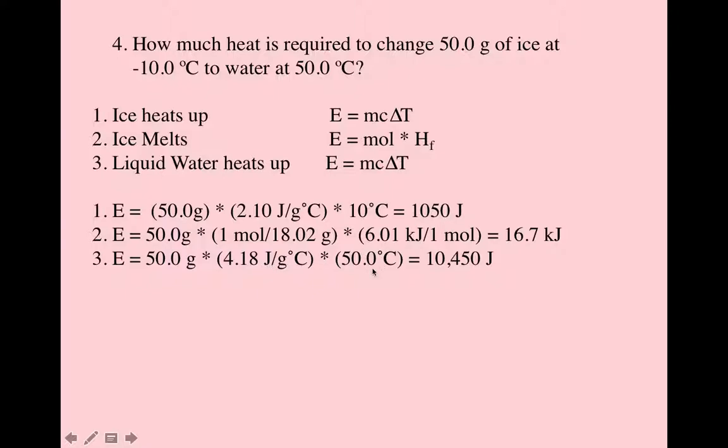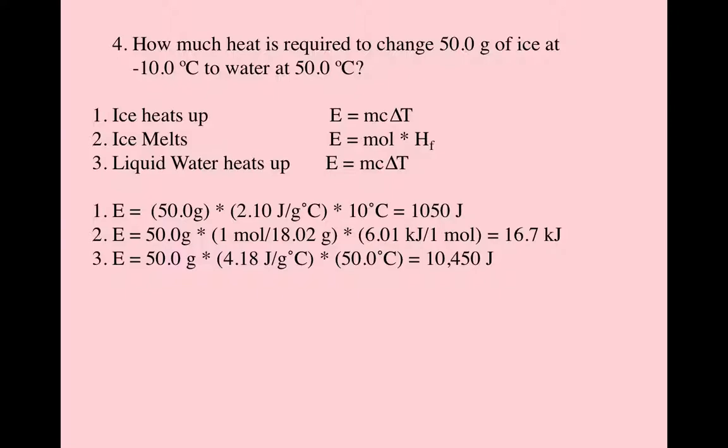And then we're going from 0 to 50, so 50 degrees Celsius here. And that gives us 10,450 joules. And just kind of looking at this quickly, we've only got 3 significant figures, so it should actually be 10,500 joules. I kind of left it where it was because the next step is we have to just add these energy values up.